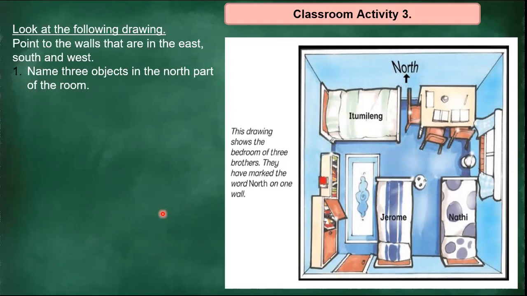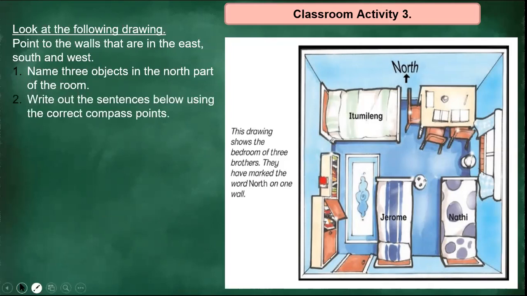No, it's not there. Yes, we have the bed for Itumeleng and also the table and chairs. Thank you very much. Let's move to the other question before we get kicked out.